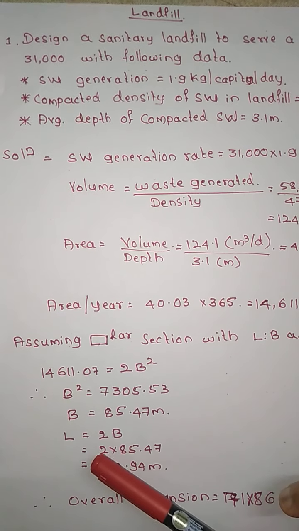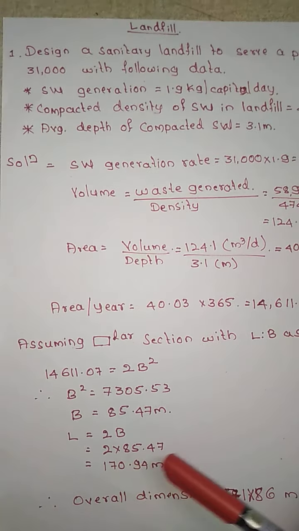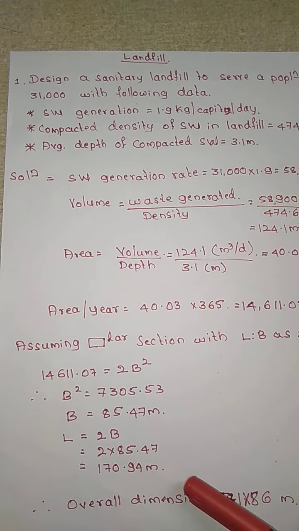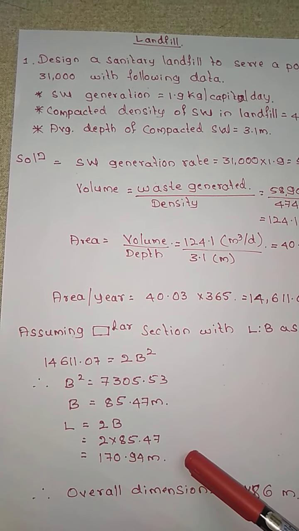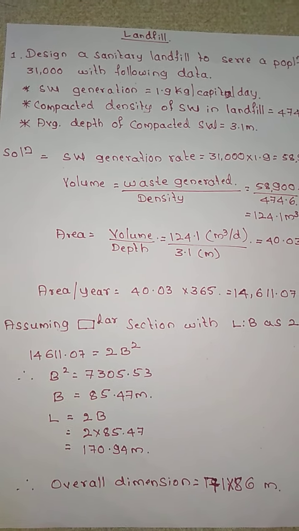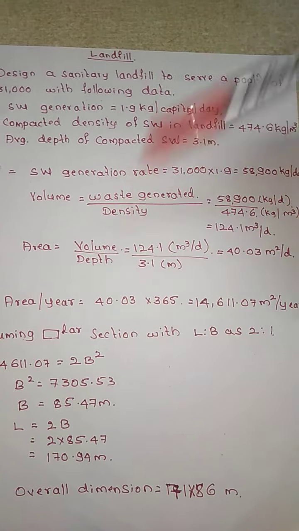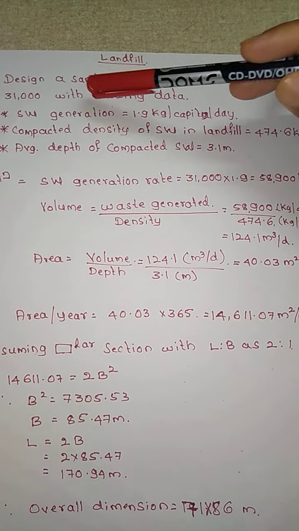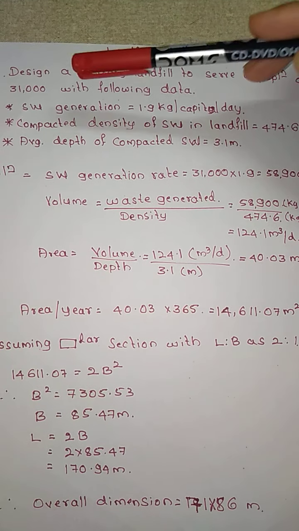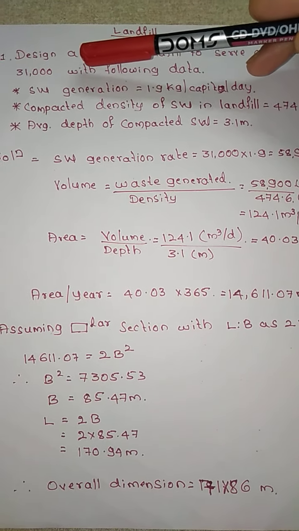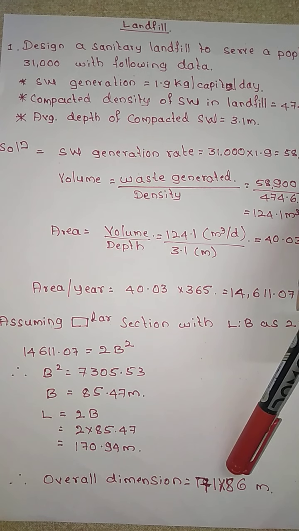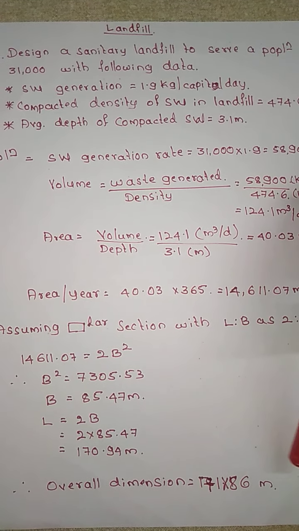Now L is equal to 2B, so we get the length as 170.94 meter. Approximately, we are going to keep it as 171 meter, and the breadth as 86 meter. So per year, to dispose of 31,000 people's waste, we require around 171 multiplied by 86 meter.